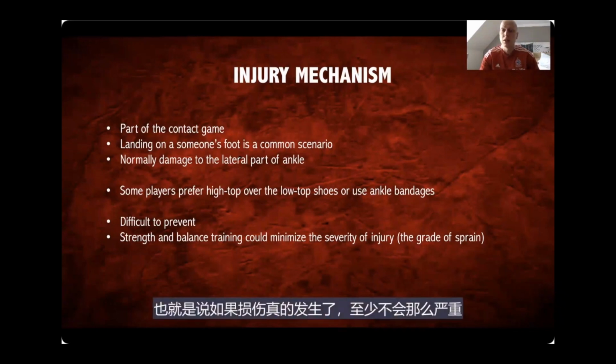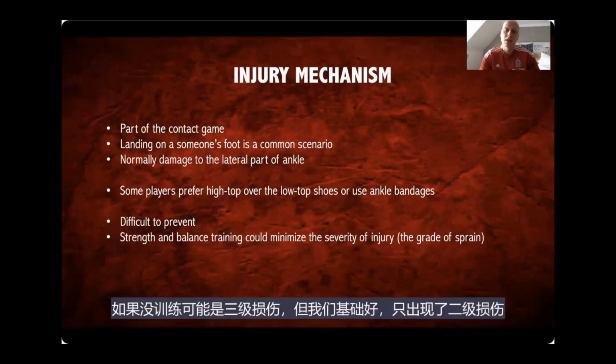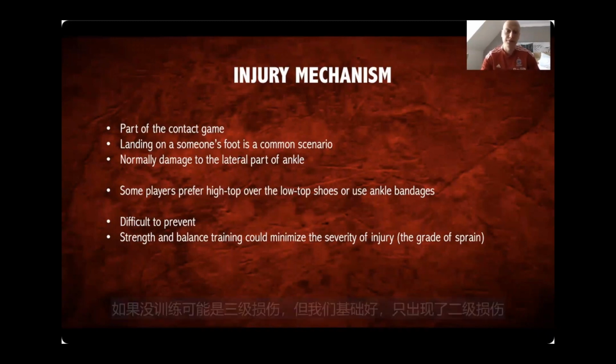So basically, if we have a good base, maybe when the ankle sprain occurs, we can decrease the grade of sprain. So from grade 3, maybe because of good work, we will in the end have a grade 2 ankle sprain.